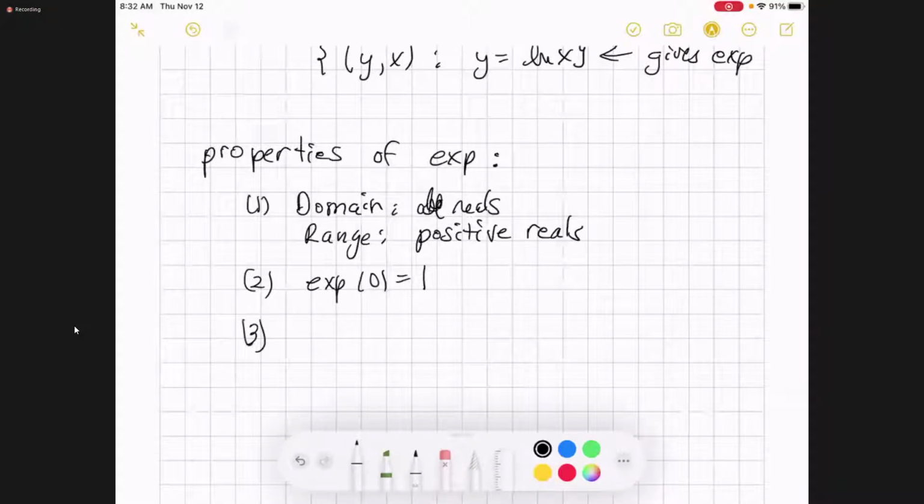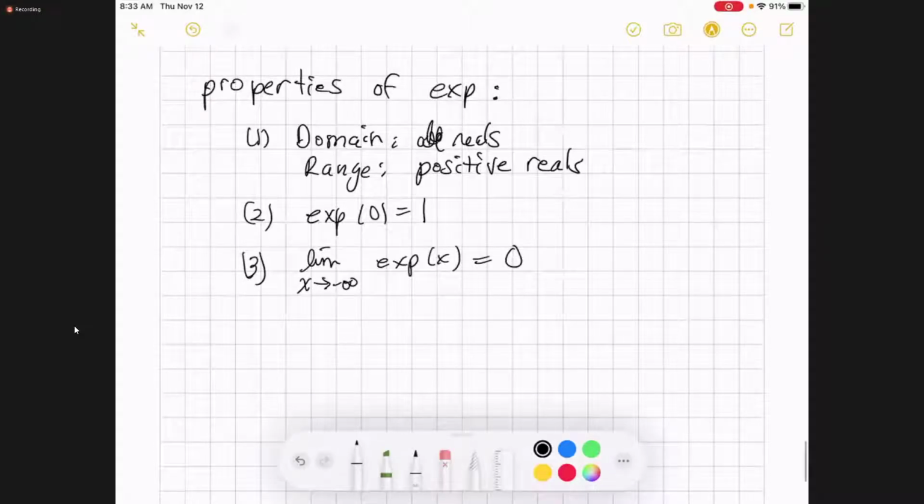That's the only thing we know for sure at this point. The limit as x approaches minus infinity of EXP of x is 0. And the limit as x approaches infinity of EXP of x is plus infinity.